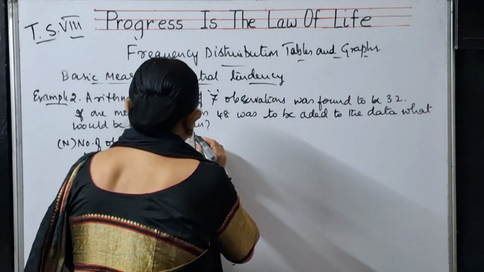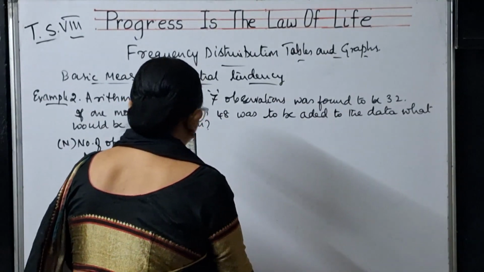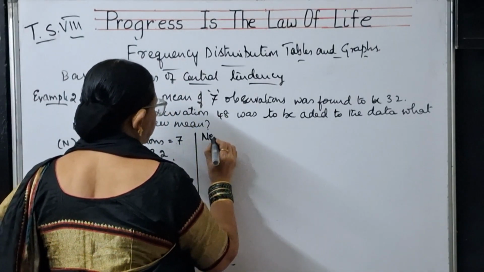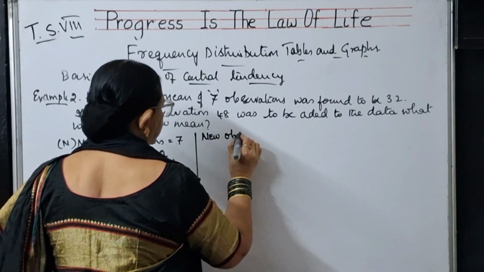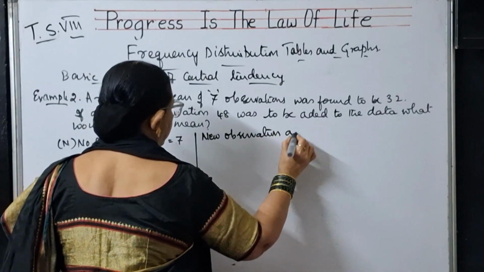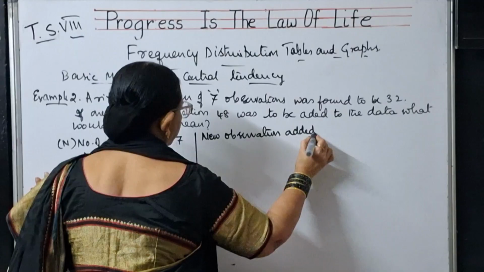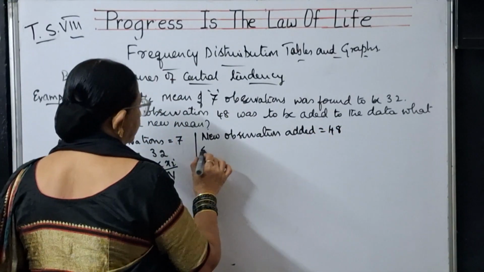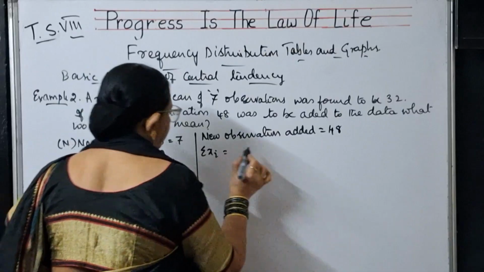Now what did they say? They have told that a new observation was added. So what is the new observation added? New observation added is equal to 48. So what does sigma xi become?